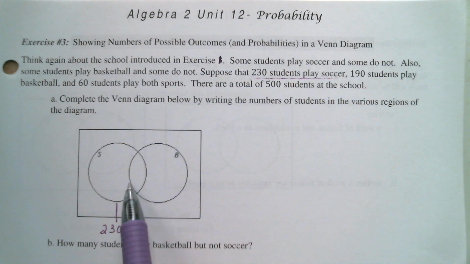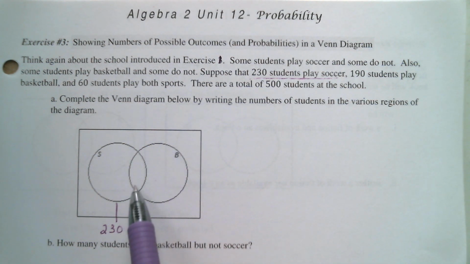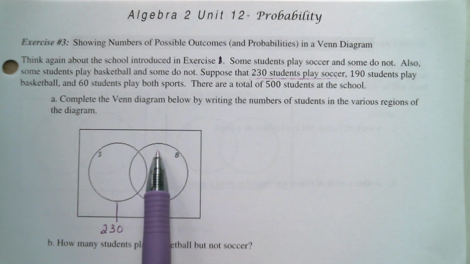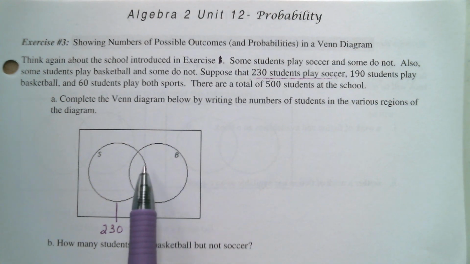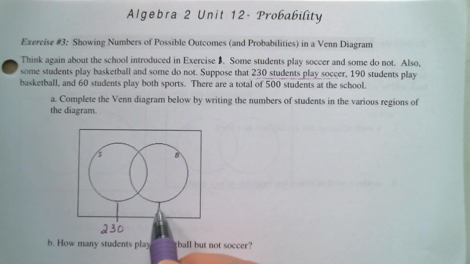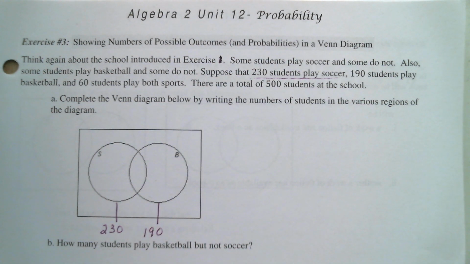So all of circle B, there would be 190 students. Again, I don't want to put the 190 inside the circle because, if I put it here, is that this piece? Is that this piece, or both pieces included? So I'm putting it outside the lollipop stick. Draw a lollipop stick down, put 190.